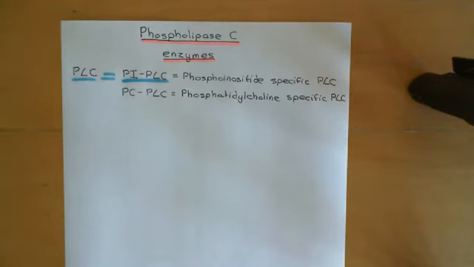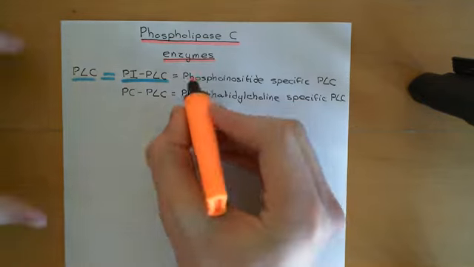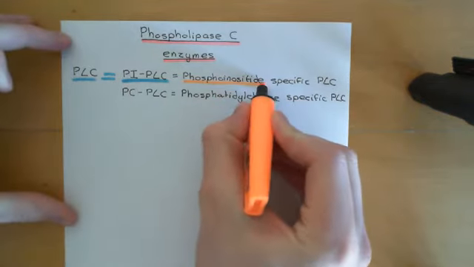Before we actually look at the enzymes, let's discuss what they do, which is that they break down phosphoinositides. They have a specific preference for the phosphoinositide phosphatidylinositol 4,5-bisphosphate, but there are other phosphoinositides that they can also break down.